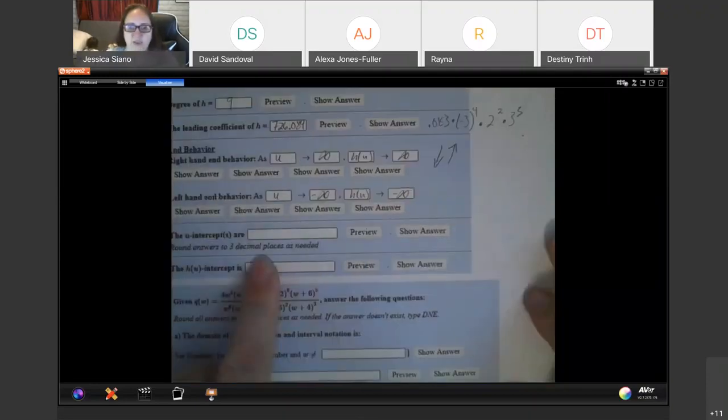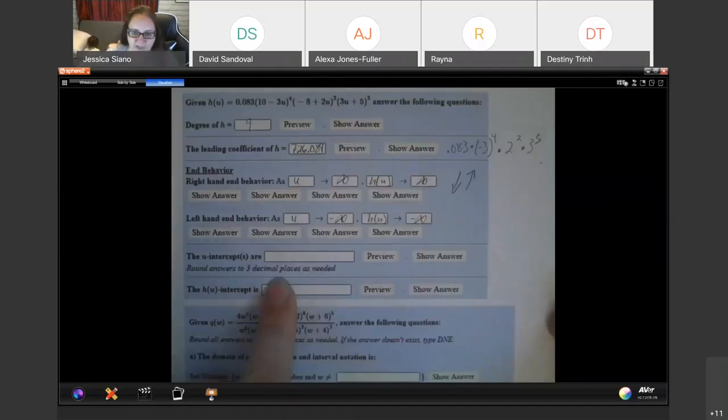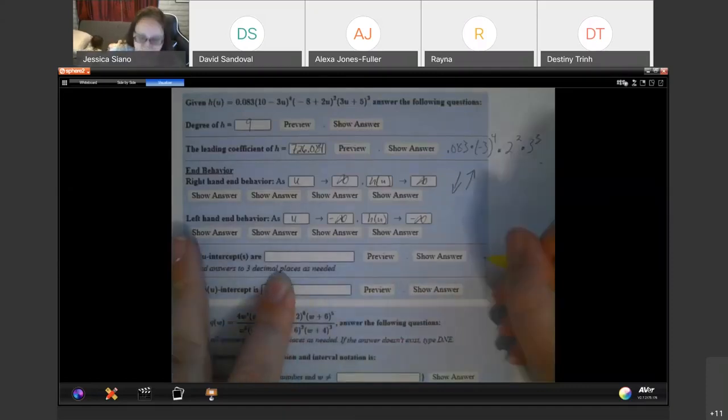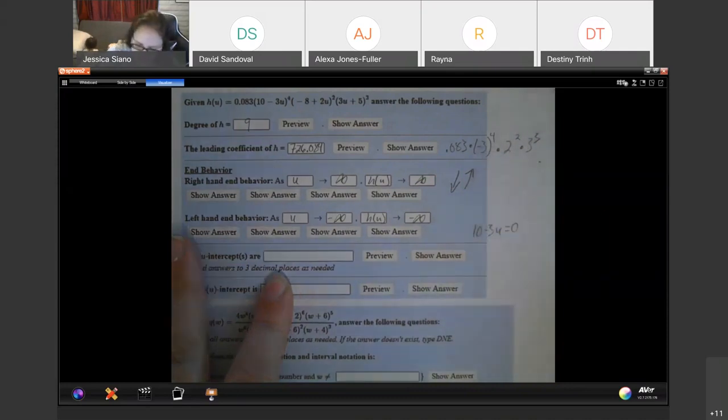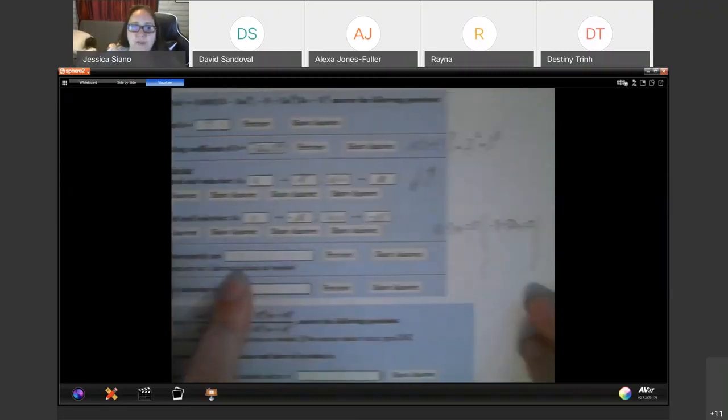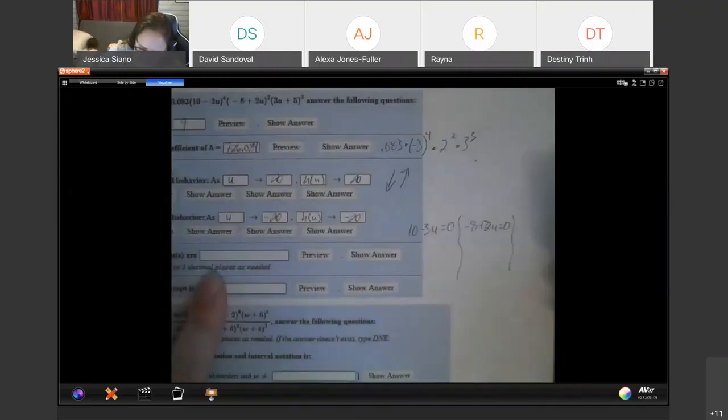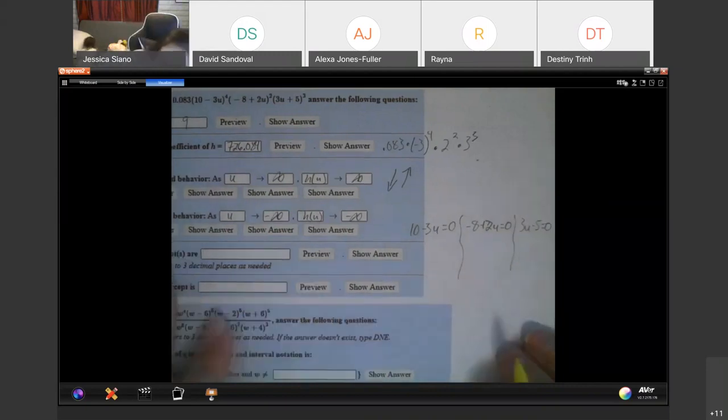To find my u-intercepts, I set each factor equal to 0. So this would be 10 minus 3u equals 0. Negative 8 plus 2u equals 0. And 3u minus 5 equals 0. Then we'll solve each one of them.